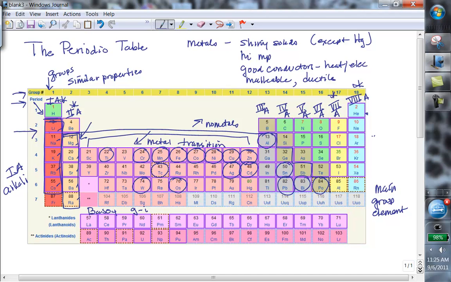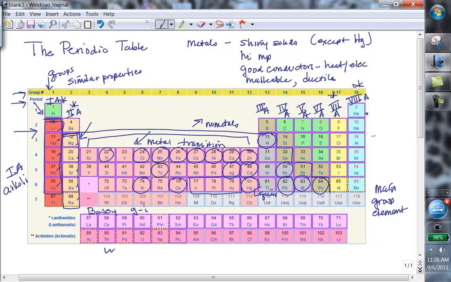Osmium, which is used in electron microscopy. Iridium, platinum, and gold are all precious metals. This is because they are very non-reactive. And mercury, which is a unique metal, because mercury is the only metal that is a liquid at room temperature. So that's pretty unique.